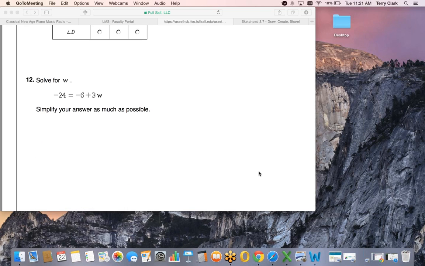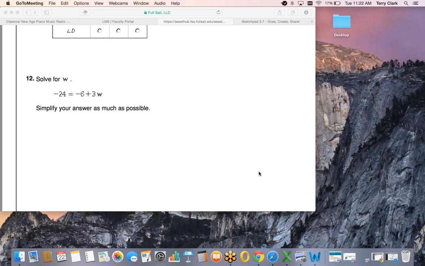Okay, what about 12? That's an equation. Does anyone need to see 12? Is it order of operations and distributive property? No distributive property here, because the left side is already a simplified expression. The only thing you're going to have to do on this problem is the addition property and the multiplication property for solving equations.